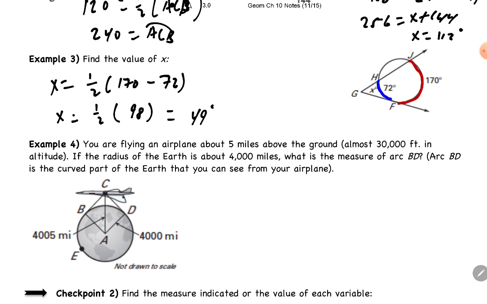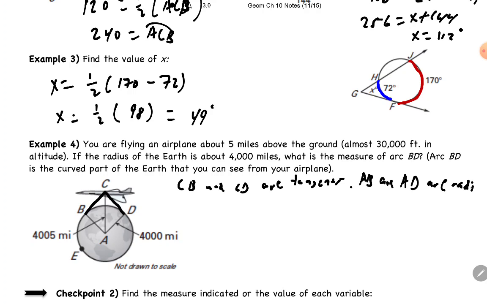So we know that CB and CD are tangents. We know that AB and AD are radii, so those are both 4,000 miles.